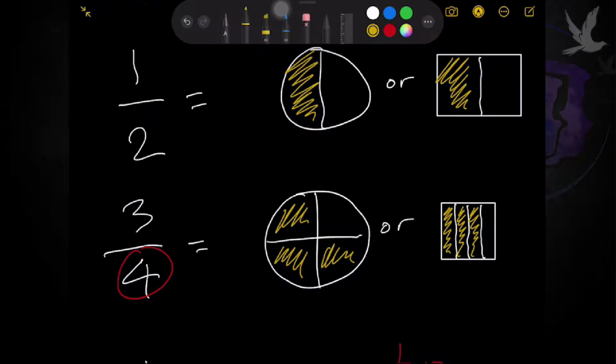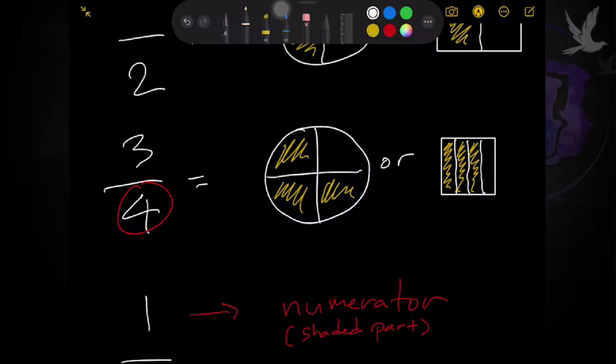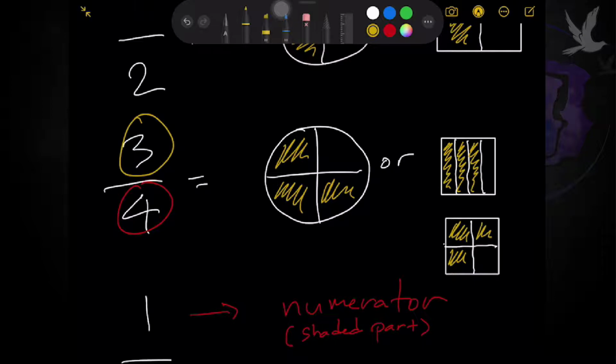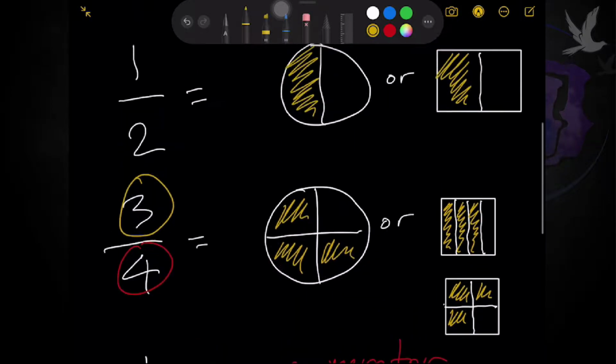If you're wondering what if it's a different shape, or the subdividing is done in a different manner, say like this, it's still the same. It says 3 out of 4, so you need to shade 3 out of 4. That's how you express it.